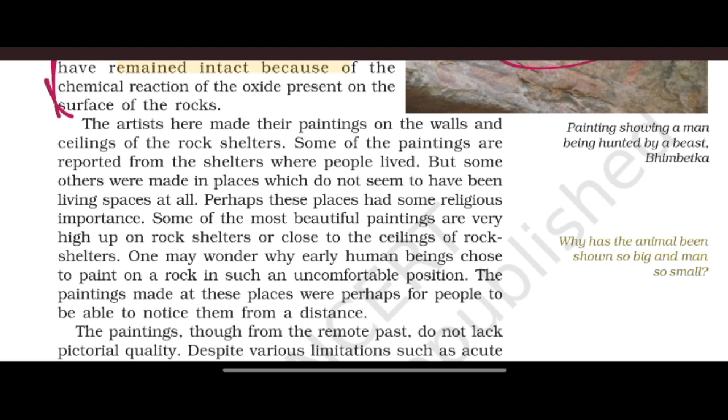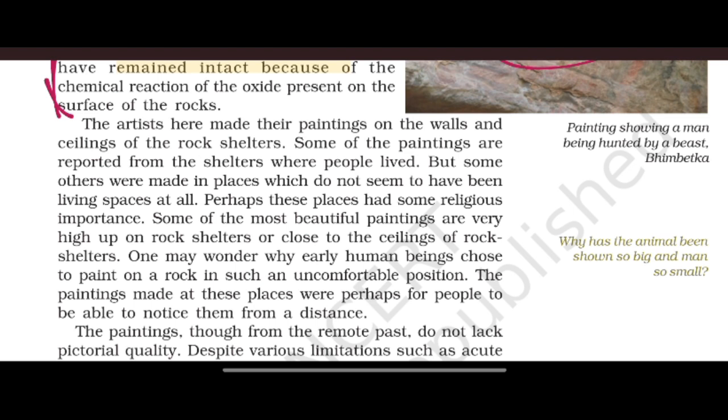Now this paragraph is telling you about where the people used to draw. Till now we have come to know that they did their drawing work on the walls of the caves. But where? Top, down, bottom, where? So they are saying the ceilings of the rocks first. Some of the paintings are reported from shelters where people lived.